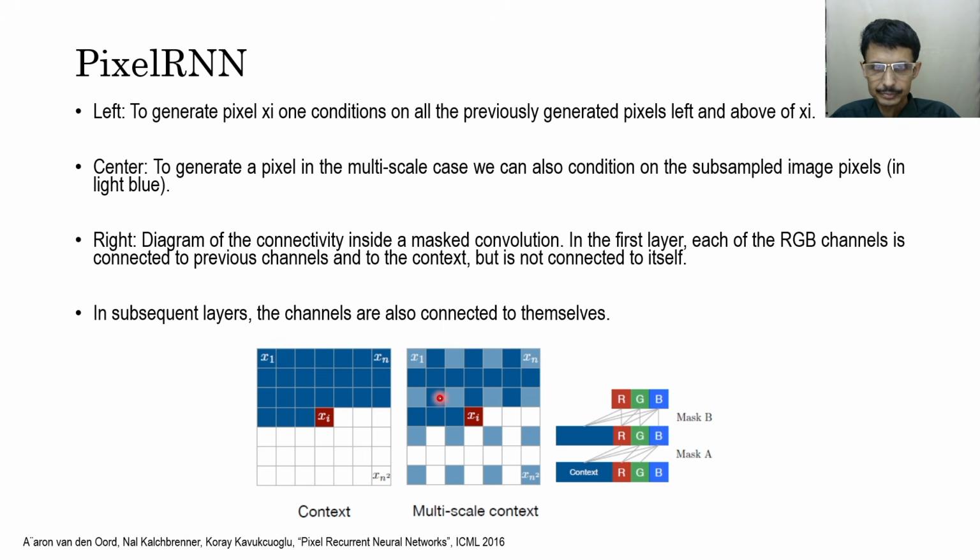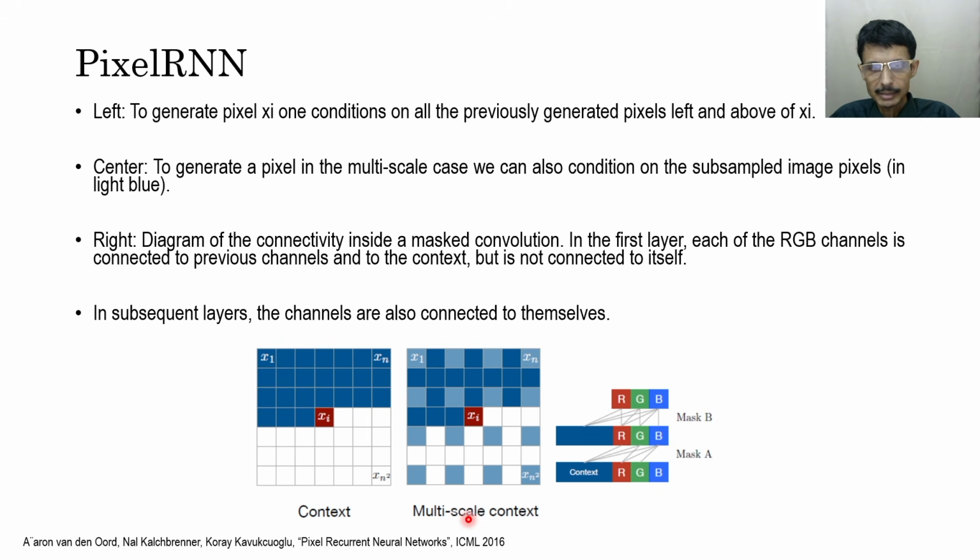And right: a diagram of the connectivity inside a masked convolution. In the first layer, each of the RGB channels is connected to the previous channels and the context, but is not connected to itself. This is the masked part. In subsequent layers, the channels are also connected to themselves. So this is PixelRNN.